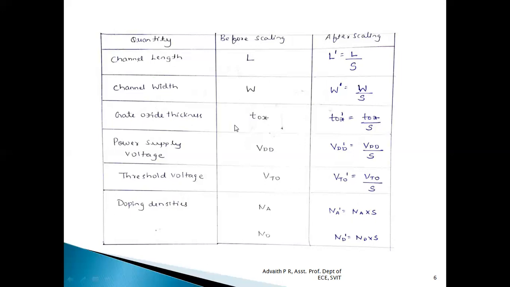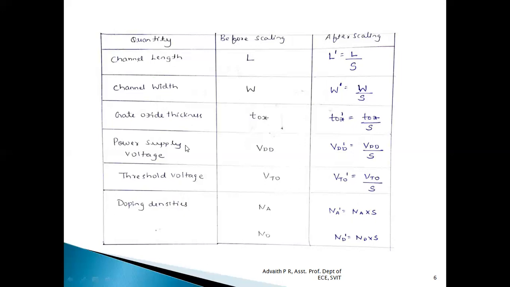Similarly, gate oxide thickness: TOX is the gate oxide thickness before scaling. TOX dash is the gate oxide thickness after scaling, which is given as TOX divided by S, where TOX is the thickness of the oxide before scaling and S is nothing but the scaling factor.